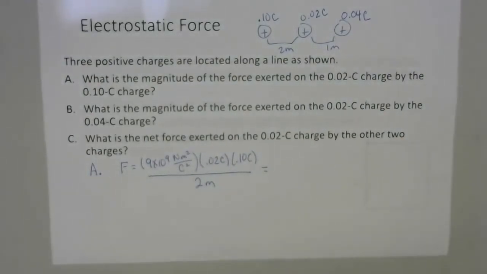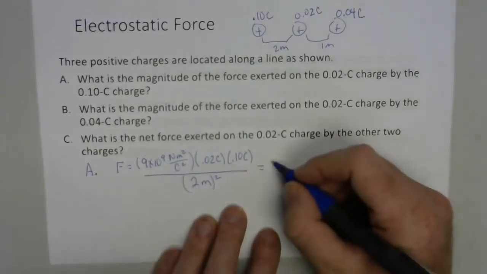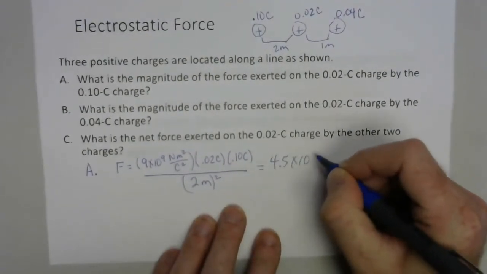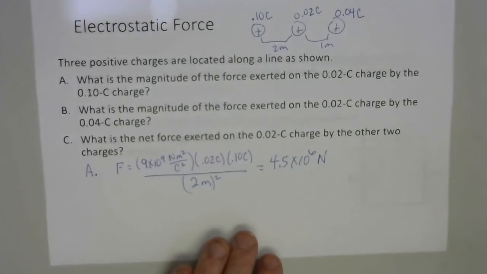So we're going to run that through our calculator once again. And we're going to get a rather large force of attraction, because notice the coulomb charges are actually that much bigger. Remember to square your unit on the bottom so that the units work out. So we're going to get 4.5 times 10 to the 6th newtons. So that would be the answer to A.